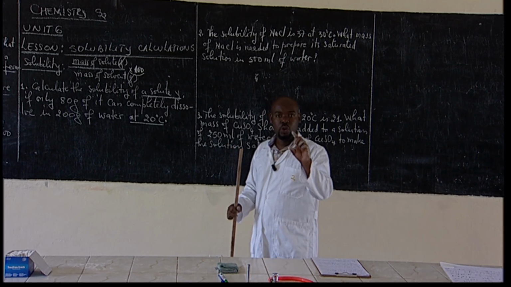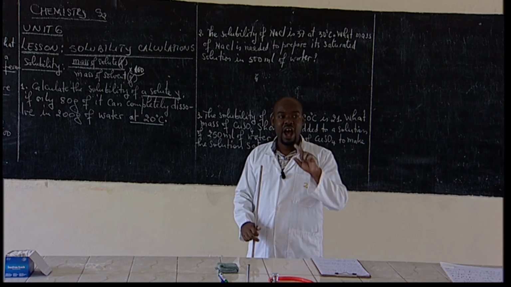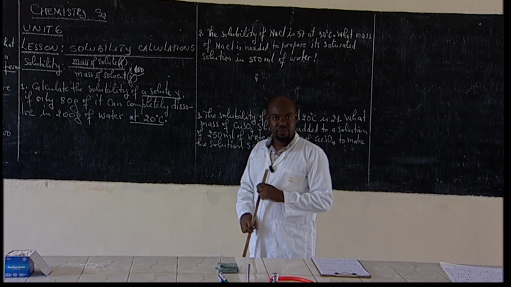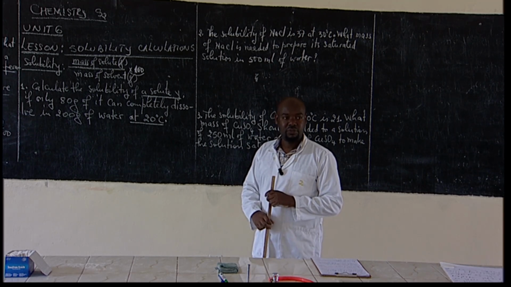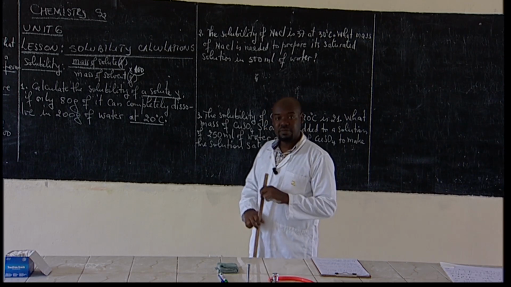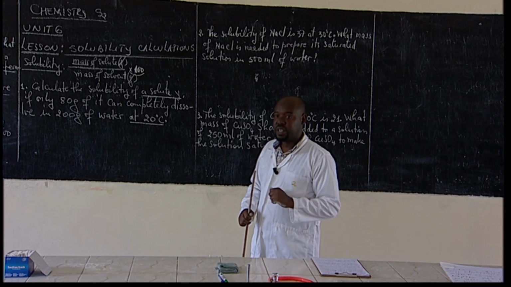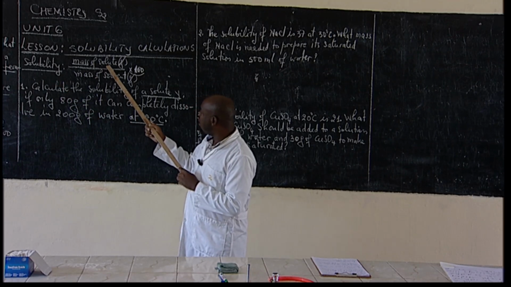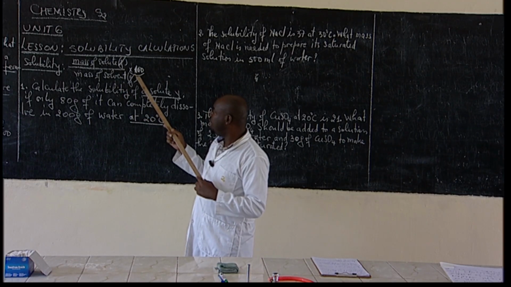I want you to take like 15 seconds and think about how we can solve this question. What can we do to get this solubility? It's something very simple. Look, solubility is equal to the mass of solute over the mass of solvent times 100.